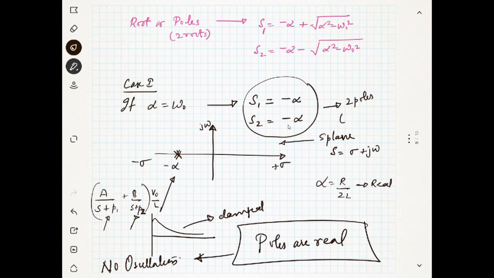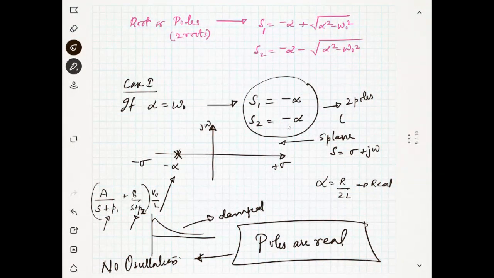So if both roots are the same, what will be the response? Please tell me. Overdamping, sir.